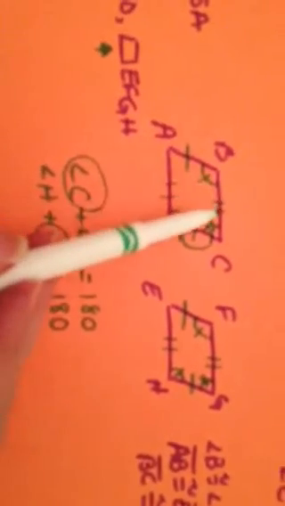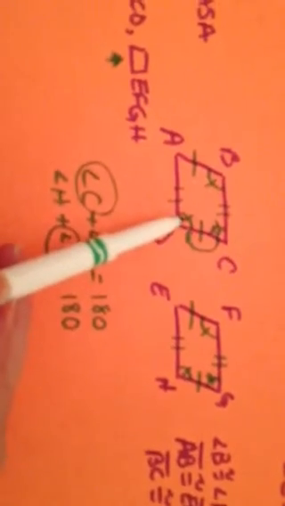So that means that C and G have to be congruent, because there was a theorem that we had a long time ago that said supplements of congruent angles are congruent. This is where all that crazy stuff that we learned one piece at a time fits together. So now we have angle, side, angle, side, angle.